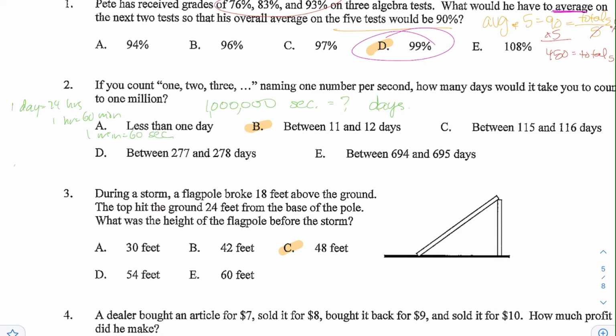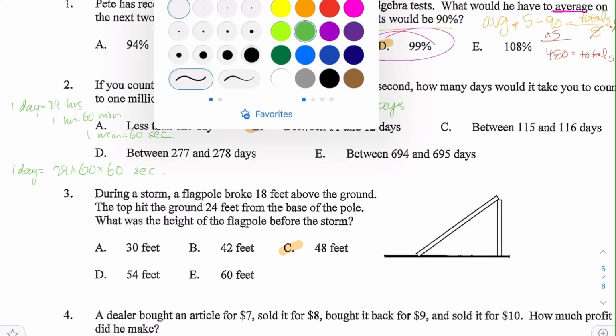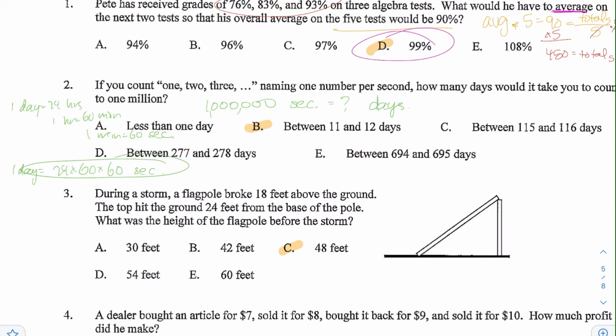So to figure out the number of seconds in a day, that would be 24 times 60 times 60. So you have to take that 1 million total and just divide it by this number here.